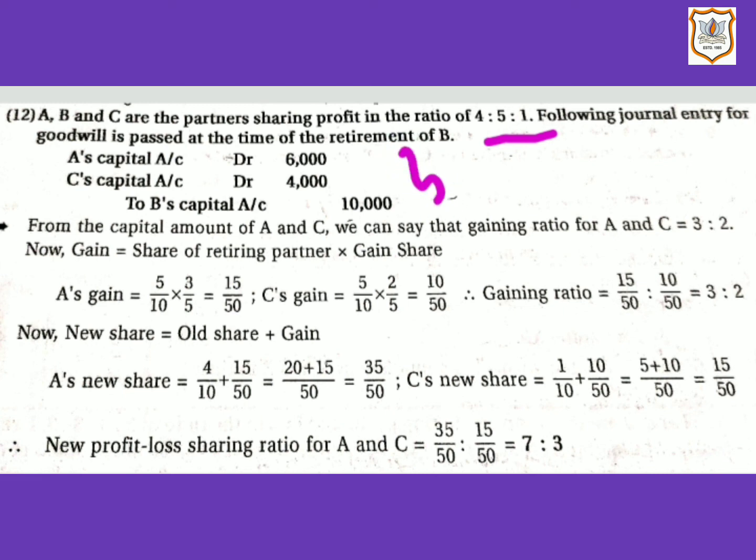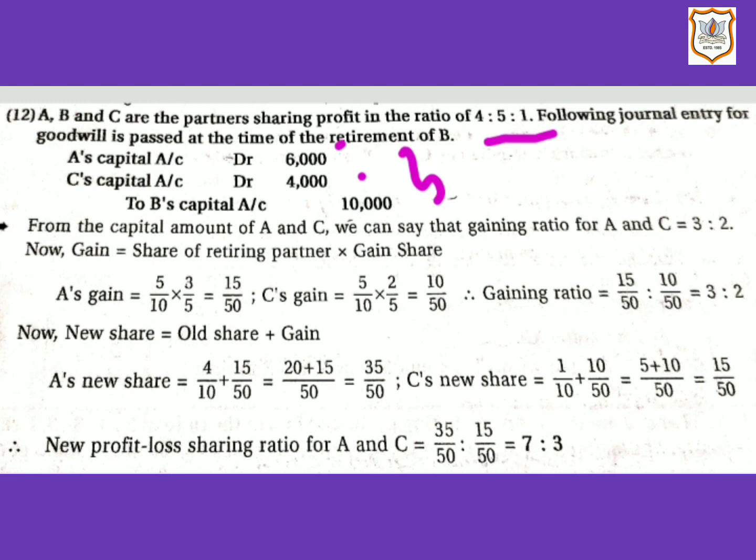See, as the retiring partner will not be sharing future profits, all continuing partners pay to the retiring partner the share of goodwill in gaining ratio. So after goodwill valuation, the adjustment for goodwill will be made through the partners' capital accounts. That means here 6,000 and 4,000 are distributed according to the gaining ratio.